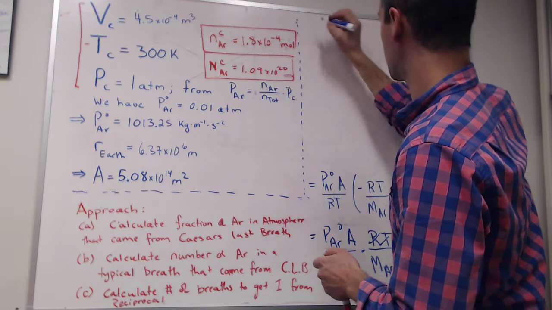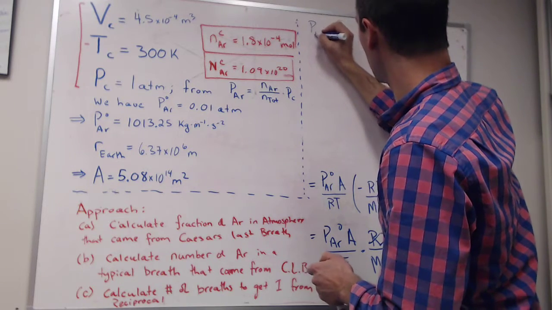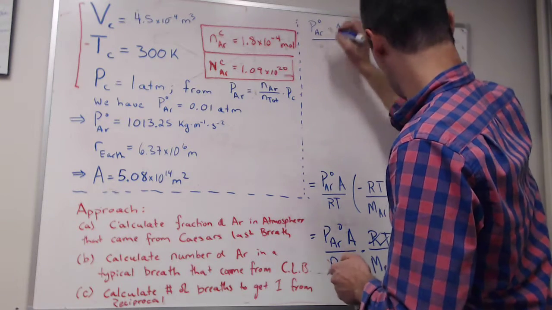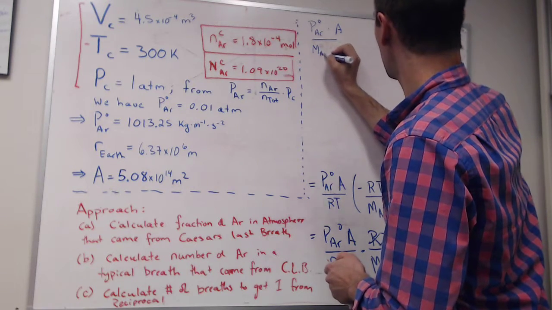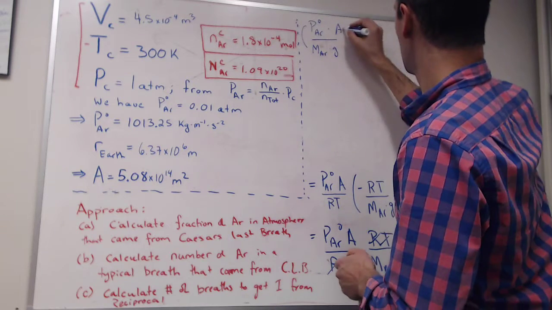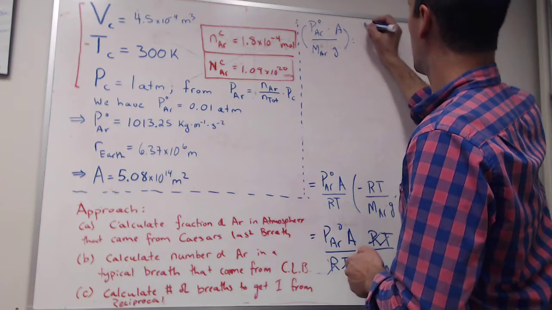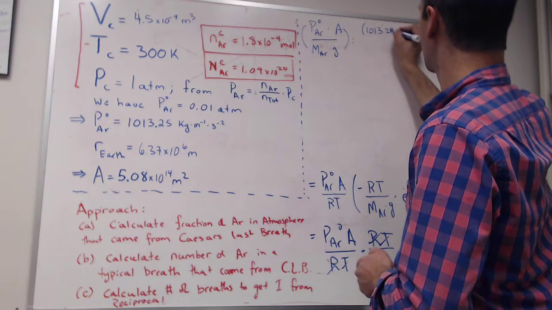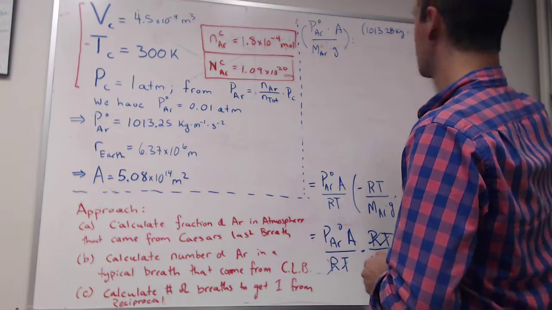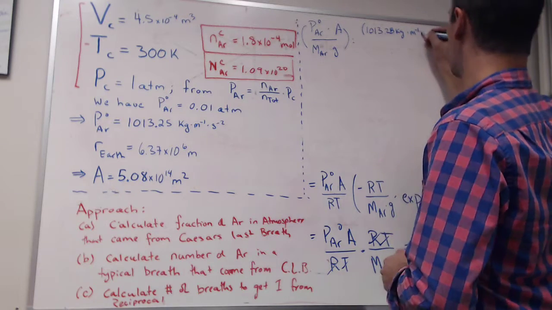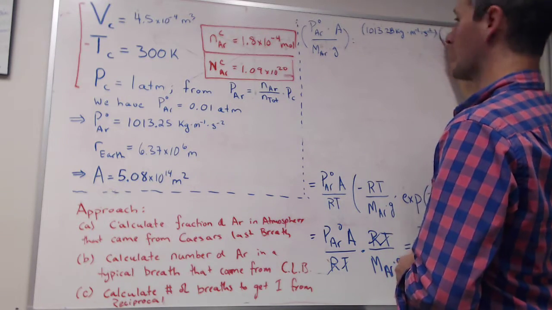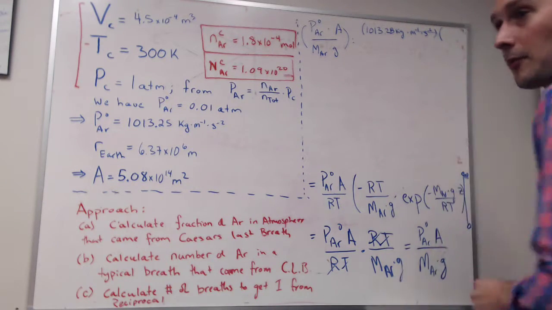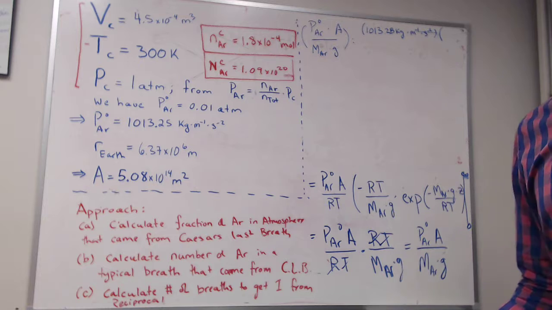So let's just write this thing up here: P argon 0 times A over M argon times g. And what is this whole thing equal to? 1013.25 kilogram times meter to the minus 1 times second to the minus 2, times this number, 5.08. I'm already running out of space. This is too tiny.